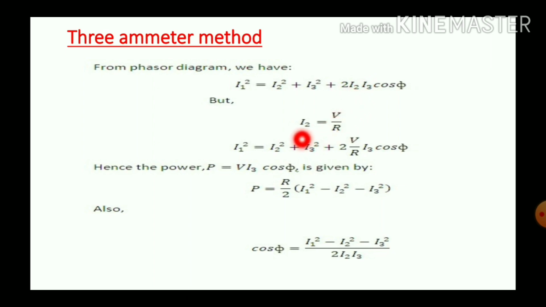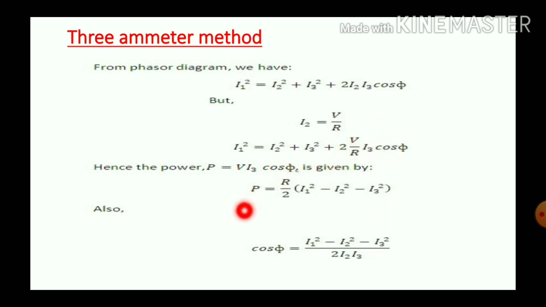So I2 equals V divided by R. And the equation becomes I1 square equals I2 square plus I3 square plus 2 V by R I3 cos phi. See the term V I3 cos phi, it is equivalent to power.